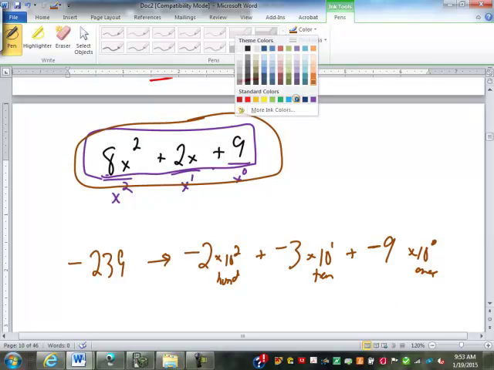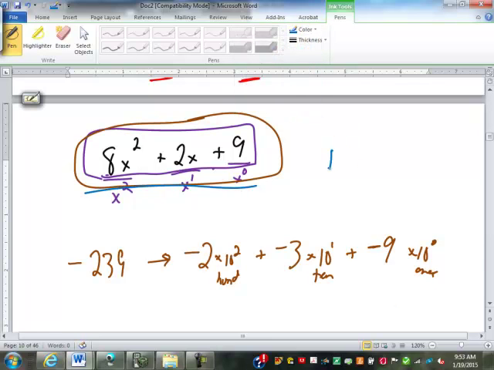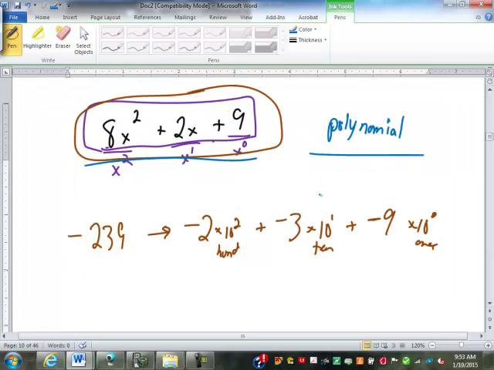But on an algebraic number like this, often called a polynomial, by the way, in a polynomial, each digit can be positive or negative on its own. I can have 7x squared and negative 3x and a positive 9.